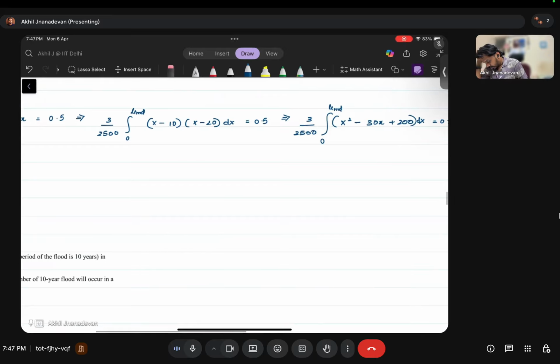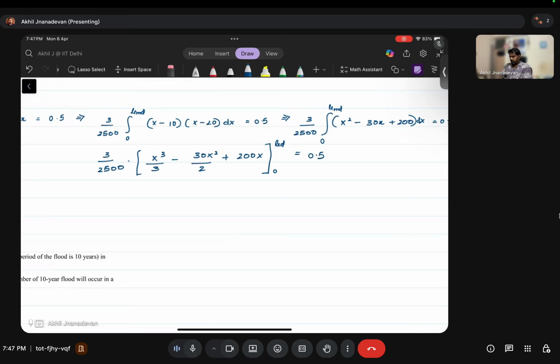So now we can further solve it. 3 by 2500 into x cubed by 3 minus 30x square by 2 plus 200x within the limit 0 to mu D is equal to 0.5.